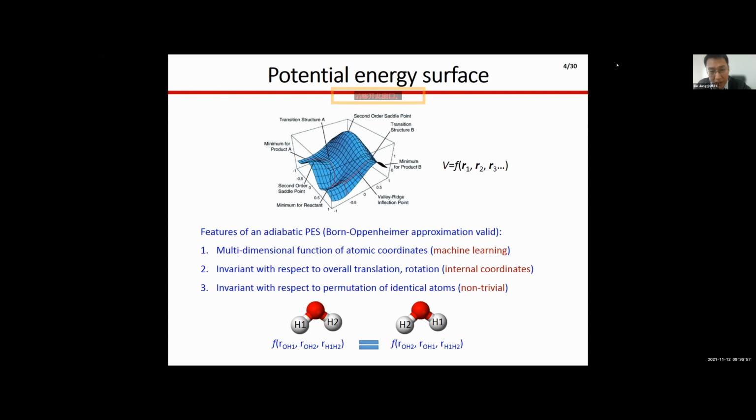But the key here is that we also need to consider the permutation symmetry of the system, which means, for example, for this water molecule, if you exchange these two atoms, you will get the same result for your potential energy function, right? So in other words, no matter what kind of machine learning technique you use, you have to preserve the symmetry in the sequence of the bond distances or angles you input to the model.